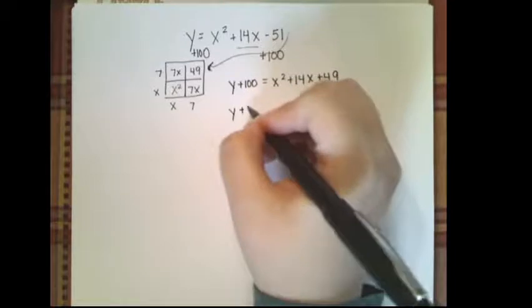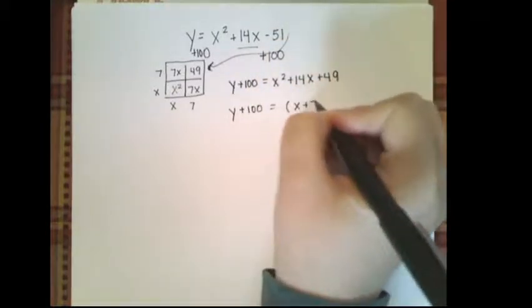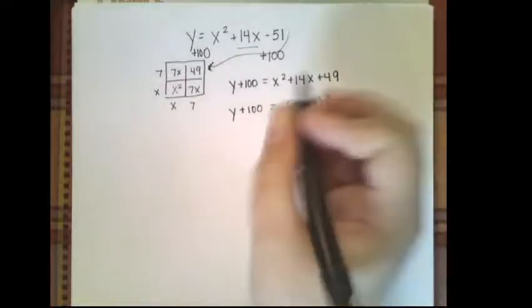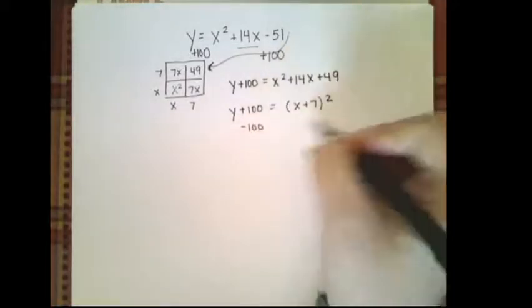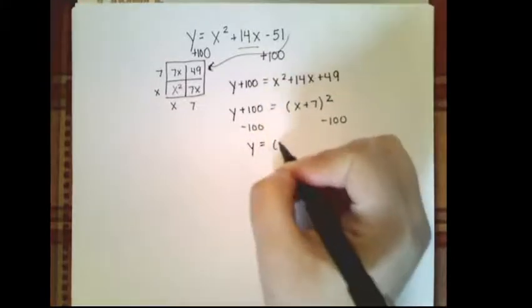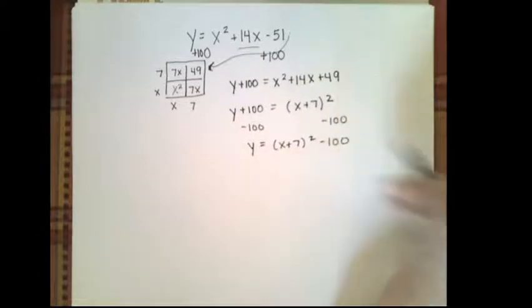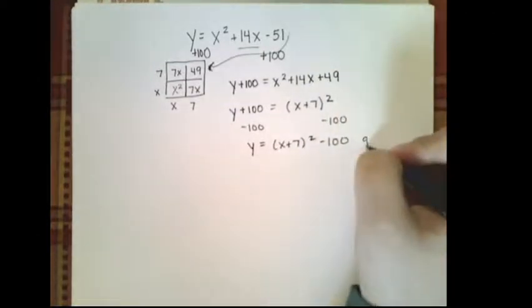And we have y plus 100 equals (x plus 7) squared. Get y by itself. We have y equals (x plus 7) squared minus 100. This is our graphing form.